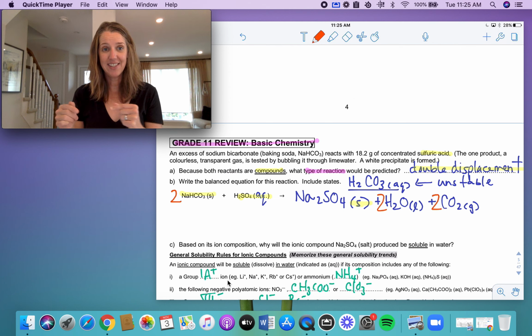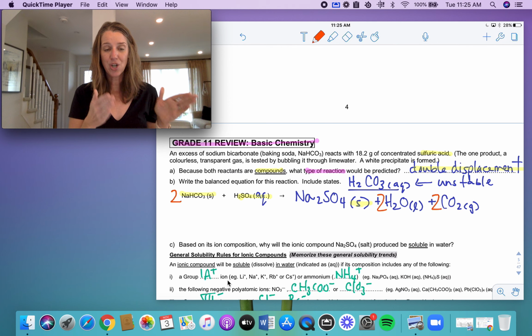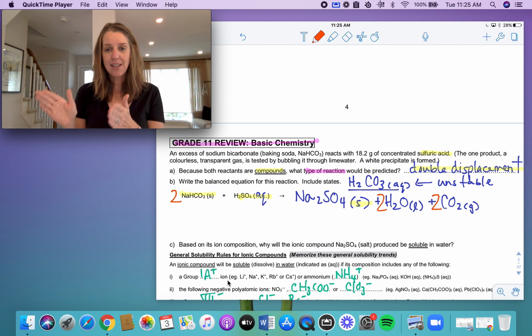Do you get that? The same number and type, because the same type of atom gives you the same mass. The same number of that type of atom will give you a total mass for the atoms on the reactant side, and that will be equal to the total mass of the atoms on the product side. So that's your understanding behind balanced chemical equations.